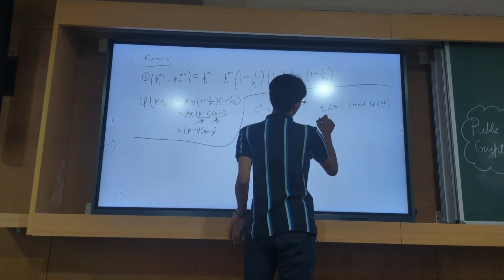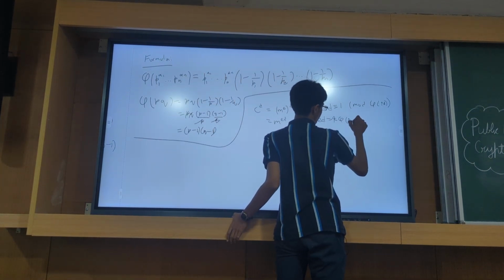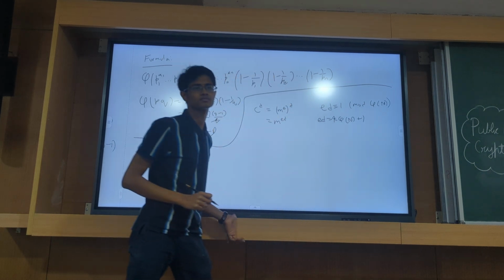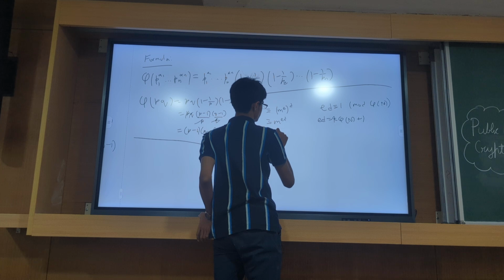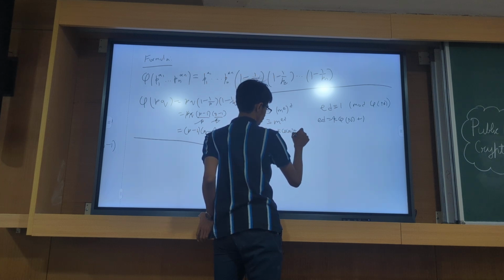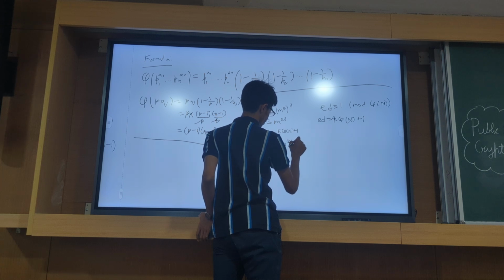So that means that ed is some k times phi of n plus 1. So this is m to the power k times phi of n plus 1, which is nothing but m times m to the phi of n, all to the power k.